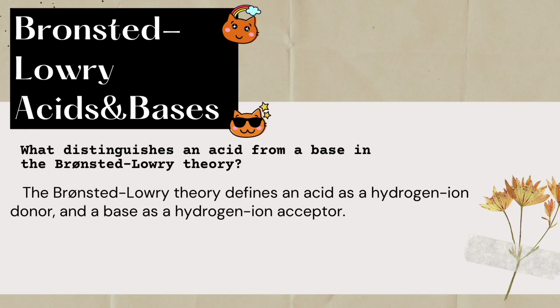When a Bronsted-Lowry acid loses a proton, a conjugate base is formed. Similarly, when a Bronsted-Lowry base gains a proton, a conjugate acid is formed. A Bronsted-Lowry acid or base and its conjugate base or acid are known as a conjugate acid-base pair.